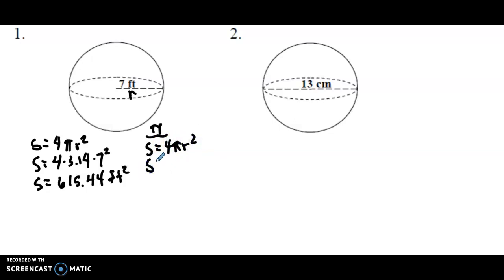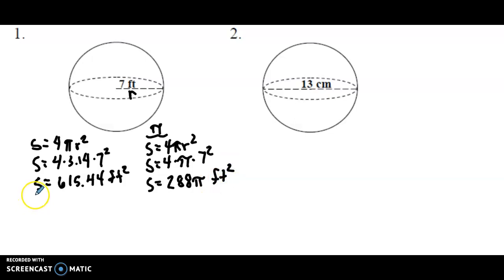You plug in the numbers, except you leave pi as a symbol. Using your calculator, you do all the numbers except for pi. So I'm going to do 4 times 7 squared, and I get 288. And you leave pi as a symbol. So the surface area in terms of pi is 288 pi square feet.